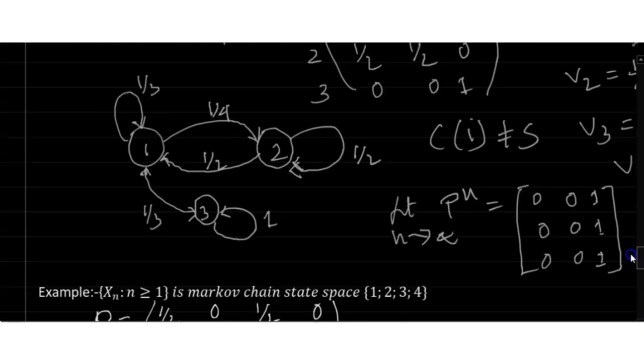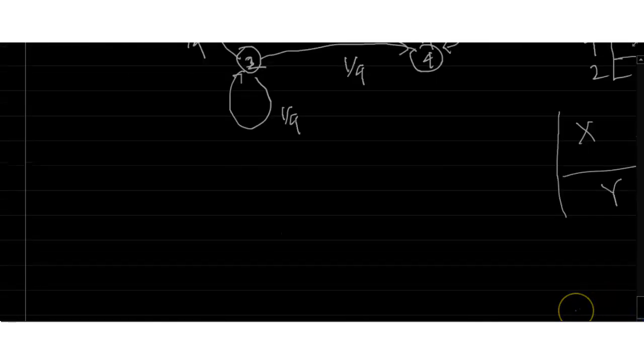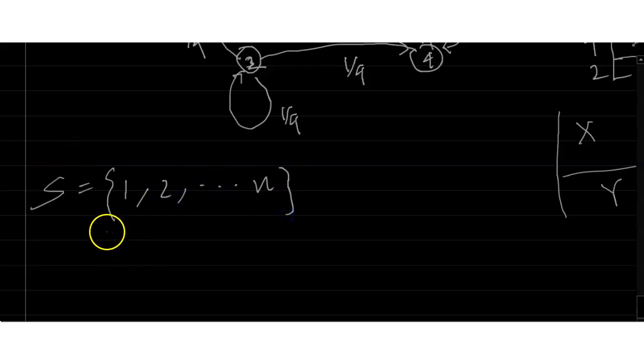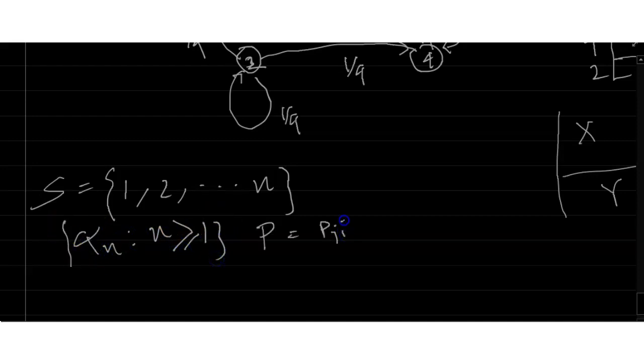Now I will tell some results of the Markov chain. S equals to 1, 2, up to n, and X_n such that n is greater than or equal to 1. P_ij is an n cross n matrix.